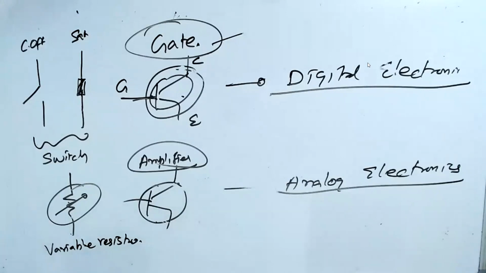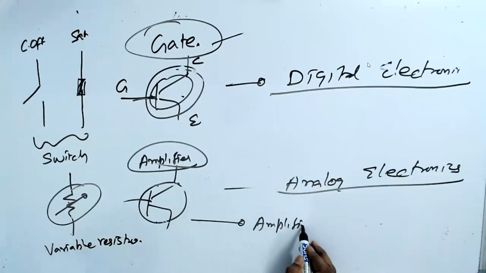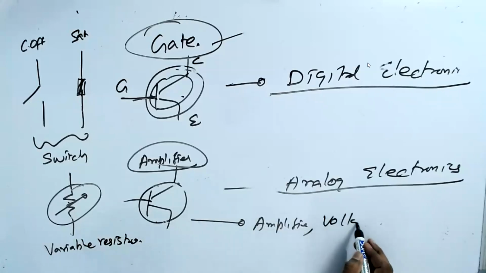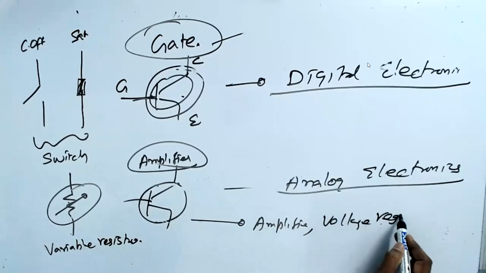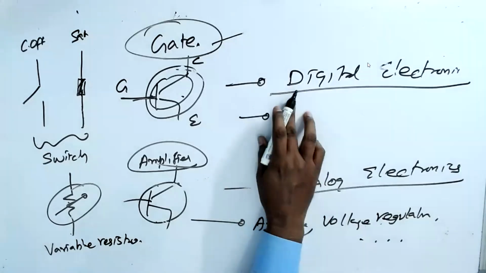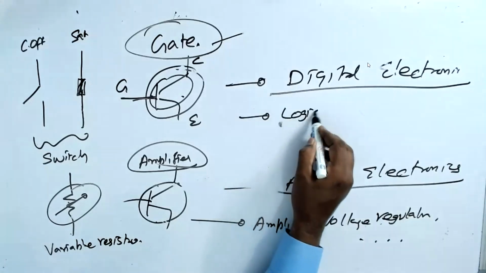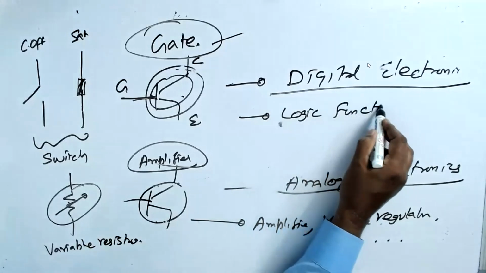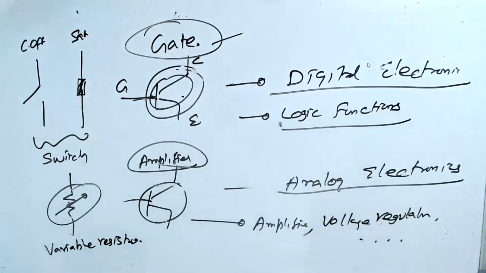The applications of analog are amplifiers, voltage regulators, all those things. And the application of digital is gates and logic functions.